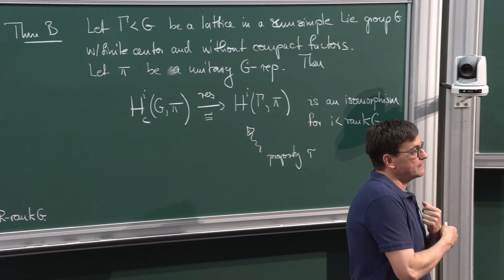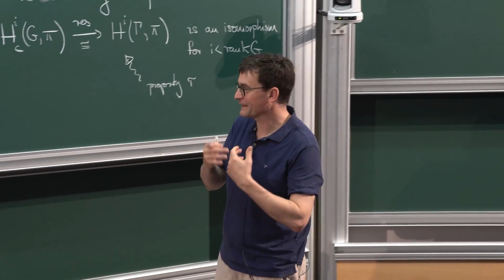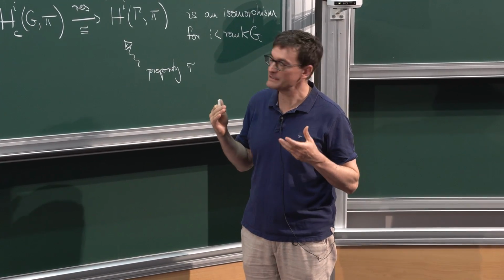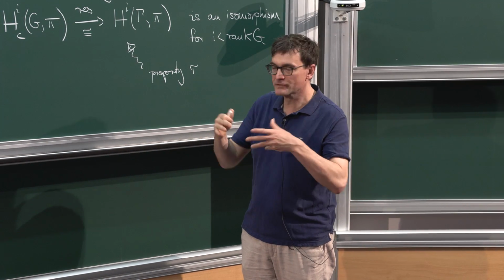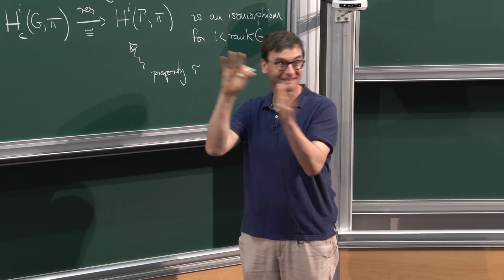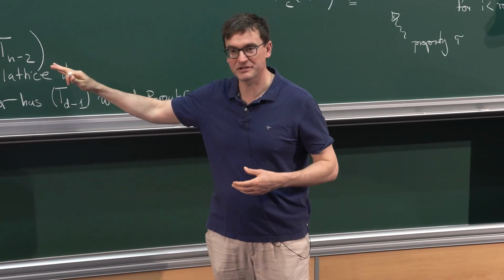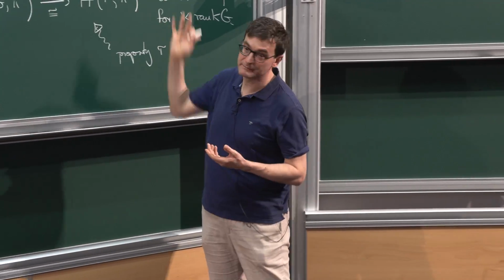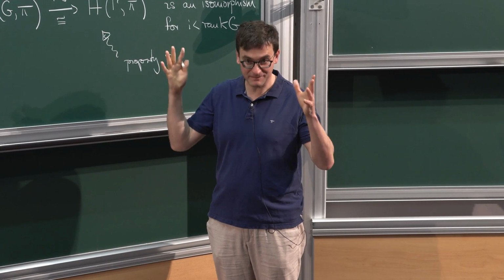The conjectural statement, which requires something stronger than this property tau statement, is that if you have a representation pi where there's no sub-representation that continuously extends to a G representation, so it's really completely just a gamma representation, then you have a similar vanishing statement for the cohomology of gamma, being a lattice in a semi-simple Lie group, not even with Kazhdan factors, just rank 1 factors. But that's a conjectural statement.